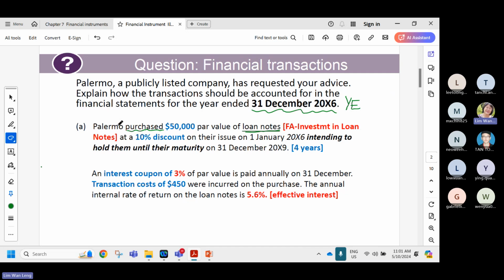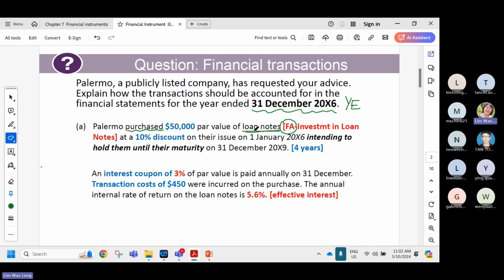So which means that Palermo has an investment in the loan notes, which means that particular investment is part of its financial asset. Like I say, at the inception of the scenario given to you, you must establish whether you are looking at financial asset, financial liabilities, or equity instrument, so that later on you can apply the correct accounting treatment.